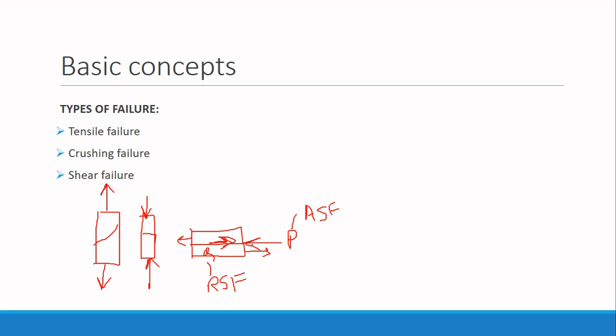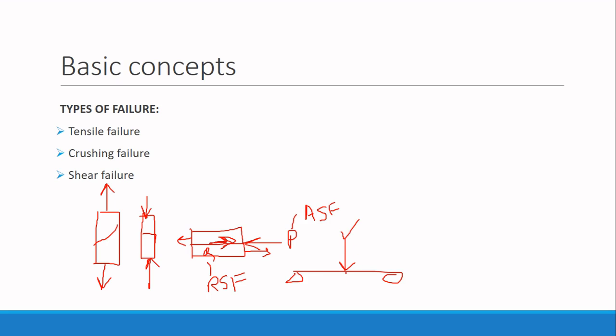Now an important point is, shear failure does not necessarily mean that the load is always acting in the horizontal direction. When you analyze a simply supported beam in TOS, you assume that the load is acting vertically, right? And because of this load, you draw the shear force diagram. That means you are taking into account the shear stress because of this vertical load.